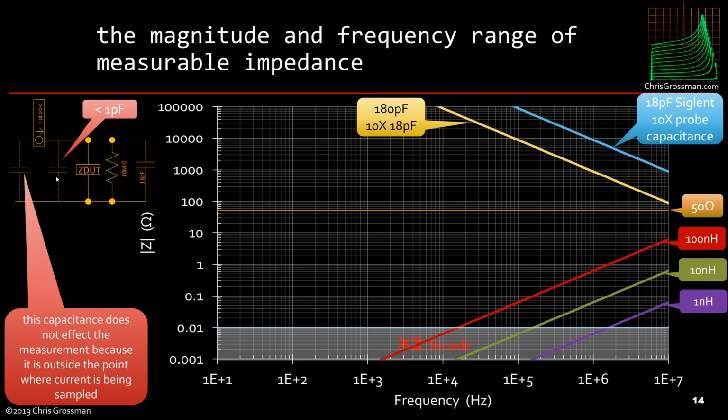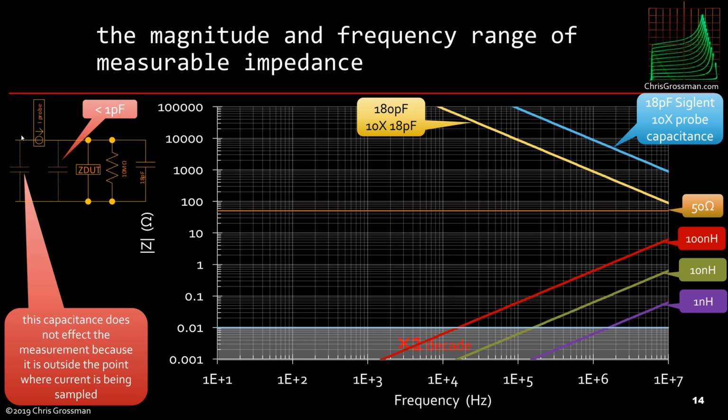Now, one of the interesting things is that there'll be a little bit of stray capacitance between this point and the low point or ground of the device we're measuring. And there's also stray capacitance outside the probe over here. All that matters is the capacitance inside the probe, because any current that passes through the probe, you can get some current through that capacitance, and the current through that capacitance will screw up the measurement.